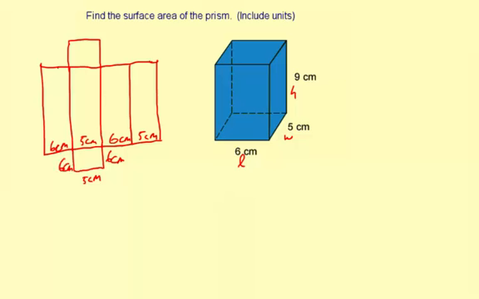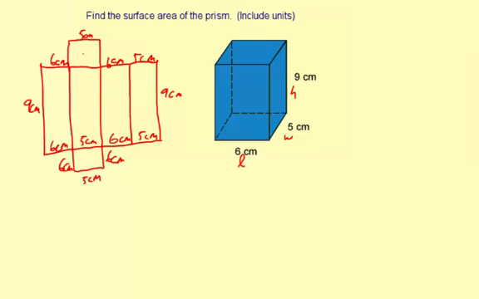And these exact same measurements would all be along the top. You'd have the 6, and then this would be 5 centimeters, 6 centimeters, 5 centimeters, and the height would be 9 centimeters on both sides. So this is the net of this rectangular prism if you were to cut it and unfold it.